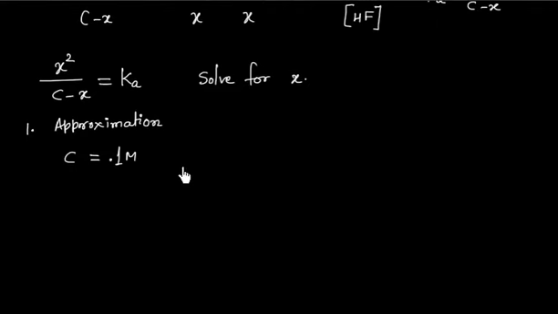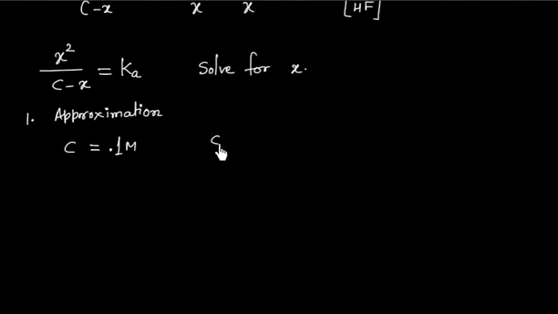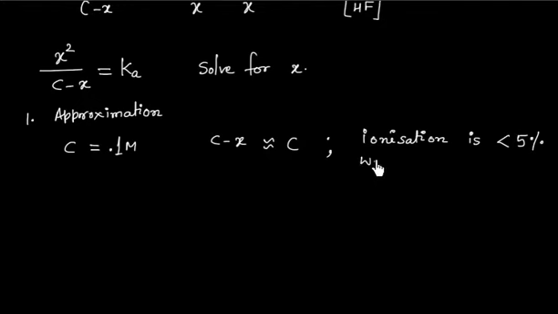So I can say C minus X is approximately equal to C, and this is because ionization is very low, a small, or I can say less than 5%. That is the case of a weak acid.